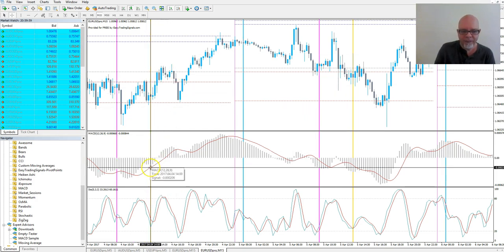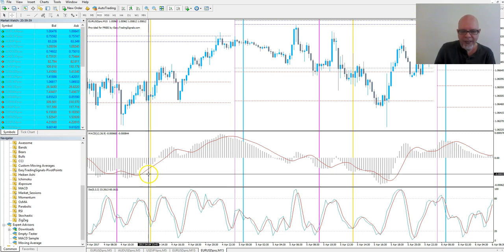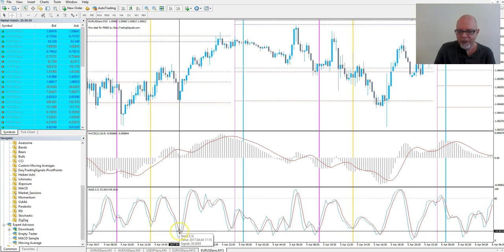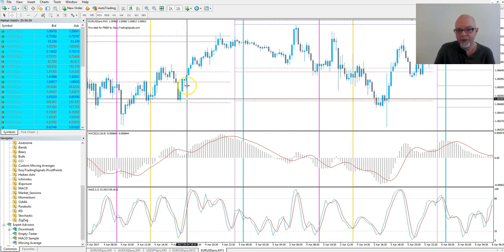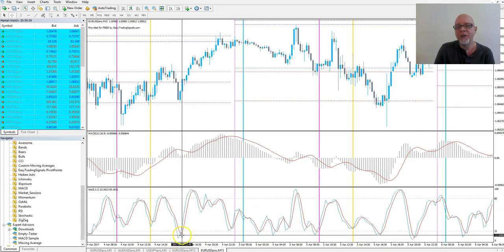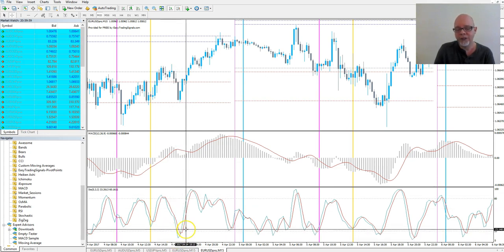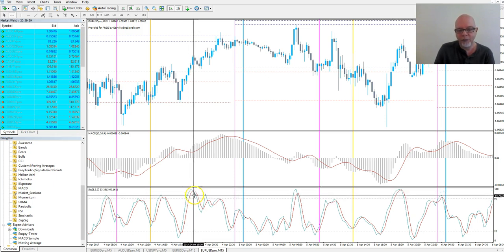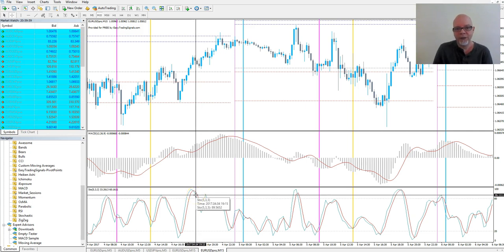So in this case, let's look at the stochastic. When the stochastic is below 20, we say that it's oversold, so it's overdue to change direction. And when it's above 80, just the opposite, it's overbought, and we basically expect that we'll see a bit of a sell-off.